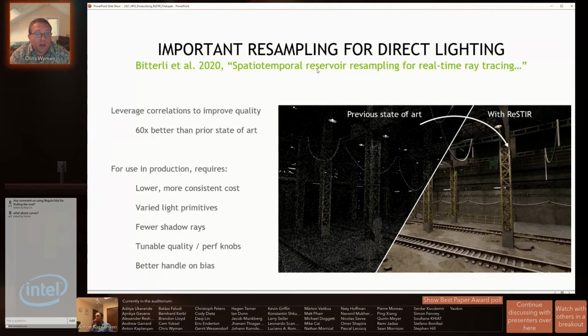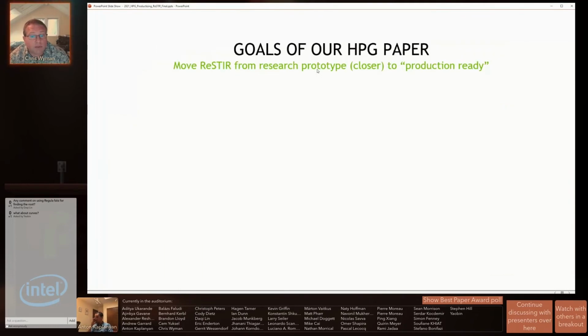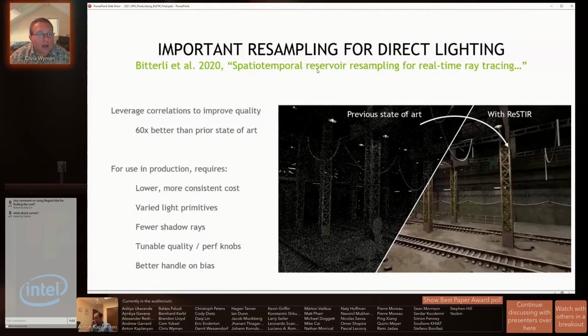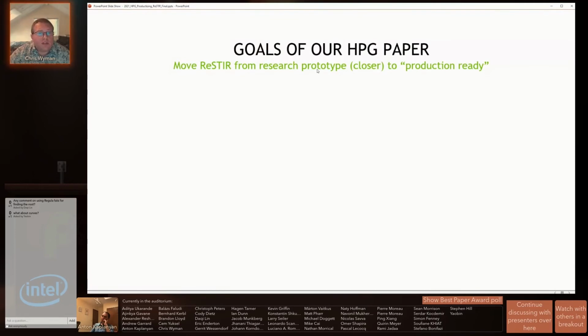We wanted to allow use of very primitive types for emissives. Games today often use spheres, capsules and other primitives. We wanted to reduce the number of shadow rays, tune the quality perf knobs, and better handle bias. So the goals of this paper are to move ReSTIR from a research prototype closer to production-ready code.